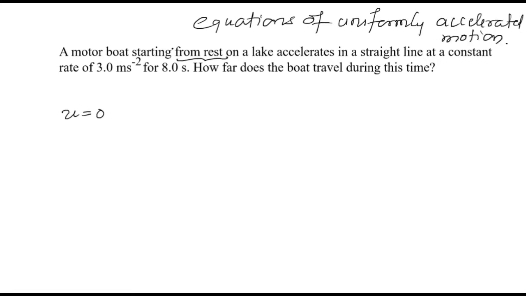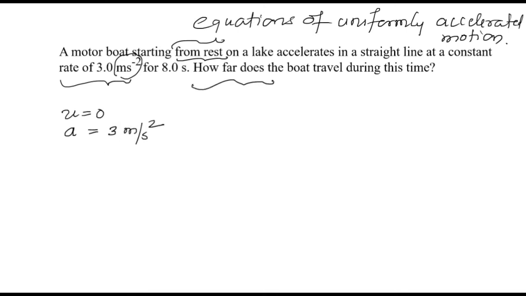Starts from rest means initial velocity is 0, then it accelerates at the rate of 3.0 meter per second square. If you look at this unit, you will come to know that it's an acceleration. Otherwise, it is already told, a is 3 meter per second square.